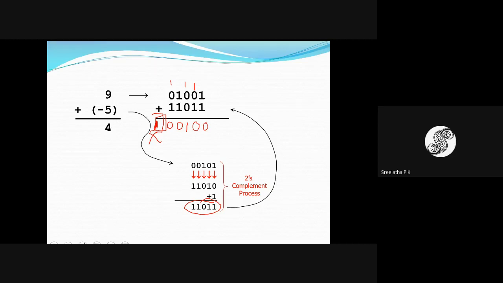What is the size of the operands? It is 5 bits, so the answer should also be 5 bits. Whatever extra bit you get is called a carry bit, and it is discarded.